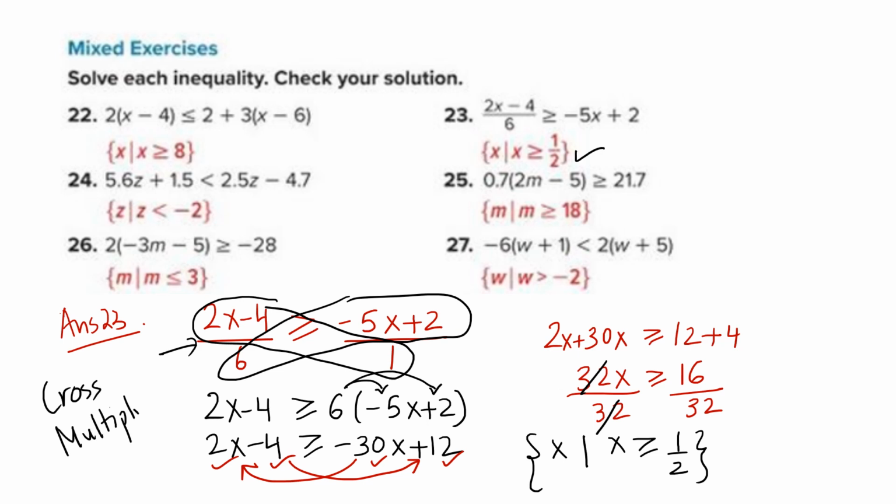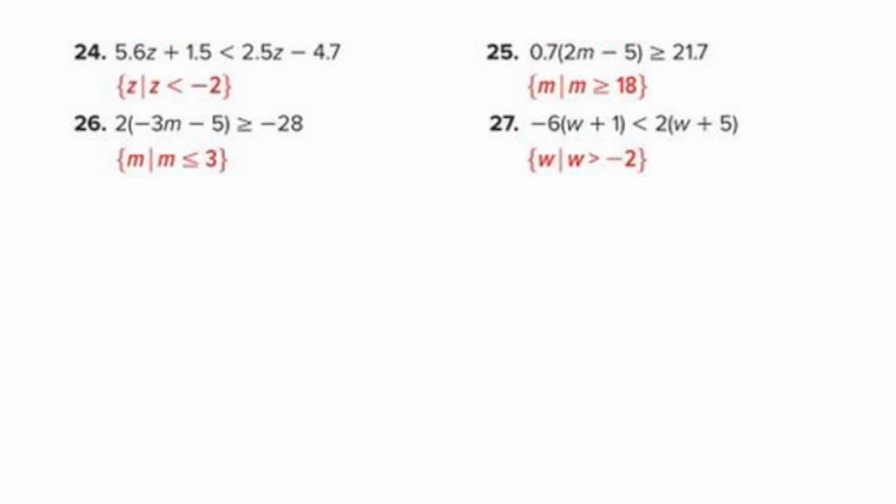Now in the next slide, we are going to do question 24 where you see decimals. Let's do that. So let's solve question 24. In question 24, we are going to combine these two together and these two together as they are like terms. So 5.6z minus 2.5z is less than minus 4.7 minus 1.5.